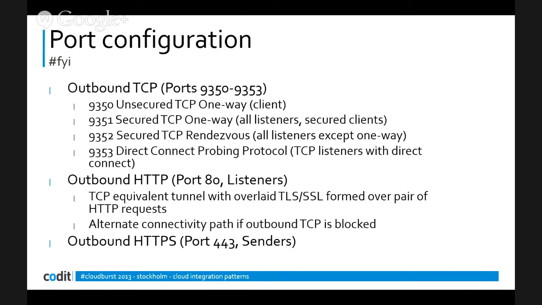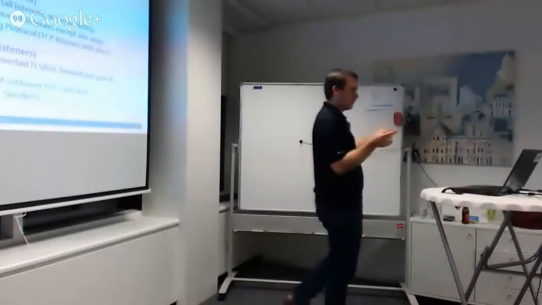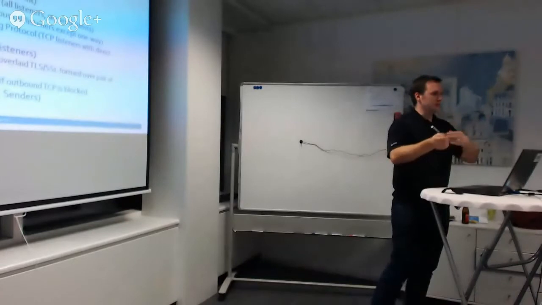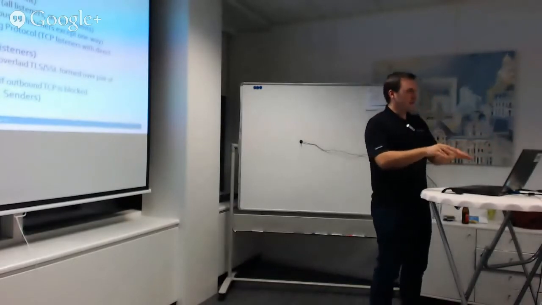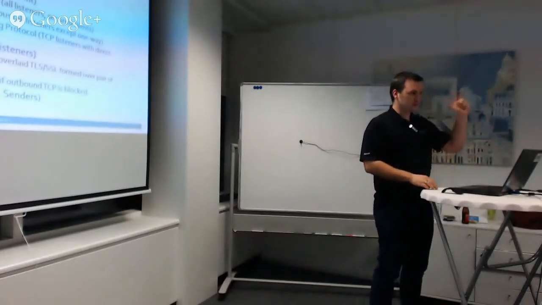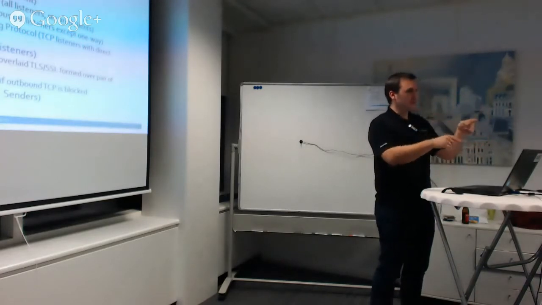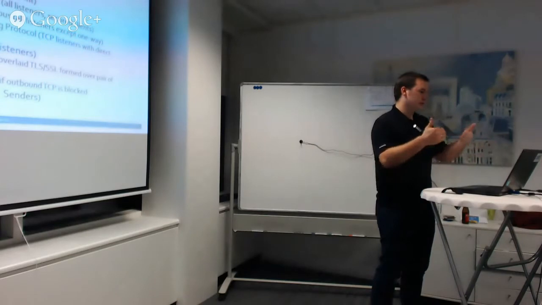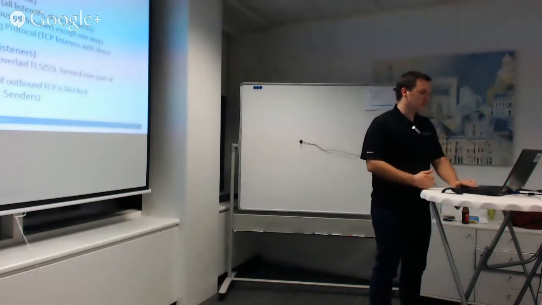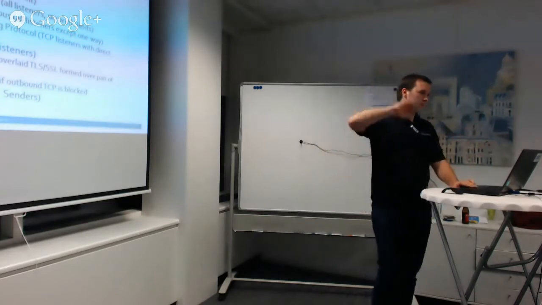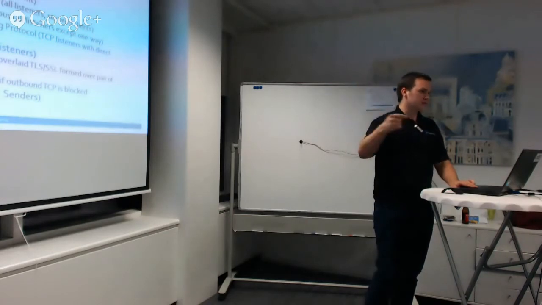What happens if you open these ports, the 9353, they will do some rendezvousing or chatting with each other and try to have a direct connection. And you can see it with the duration of your calls. Whenever the direct connection is made, things go much faster. You have a much lower latency. So that's a nice thing where they switch from relayed connectivity to a direct connectivity.